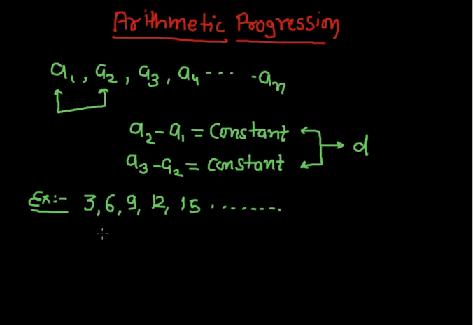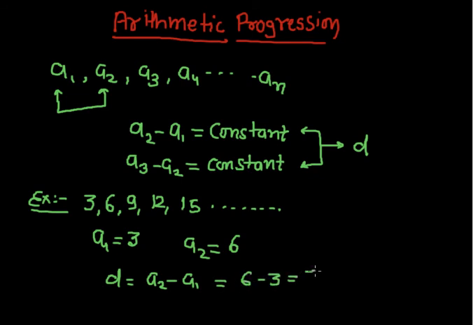The 3 is considered as A1, and here A2 is equal to what? 6, the second term. Now we have seen that A2 minus A1 should be equal to the common difference D. That means here D would be A2 minus A1, which is equal to 6 minus 3, which is equal to 3.